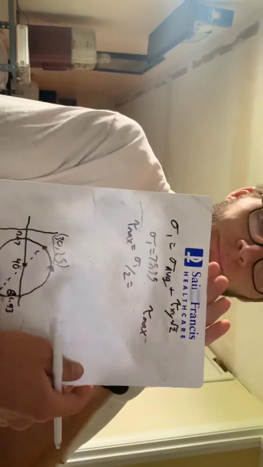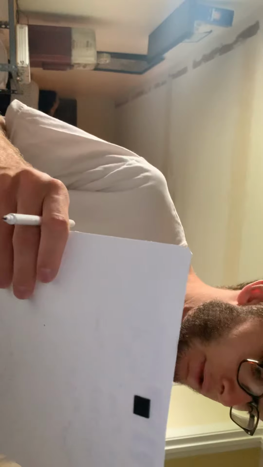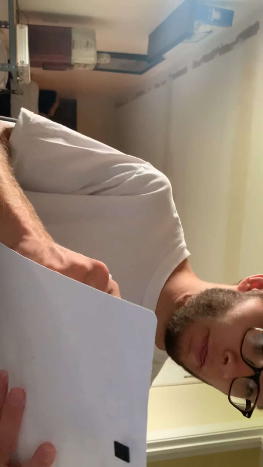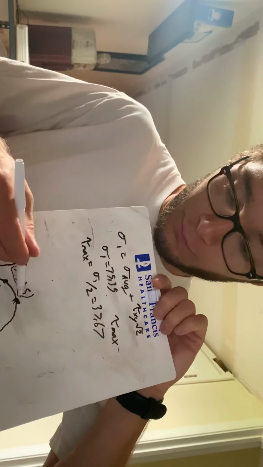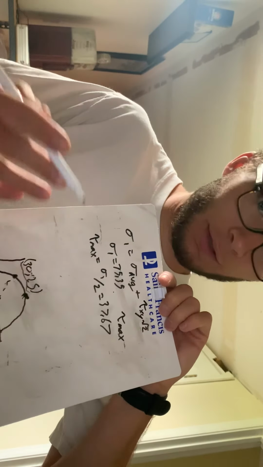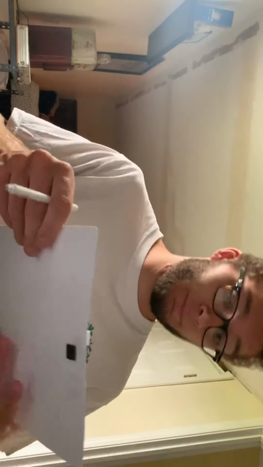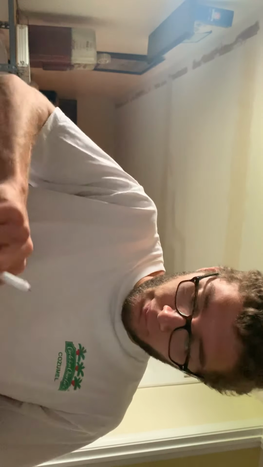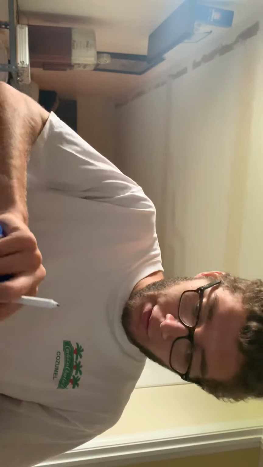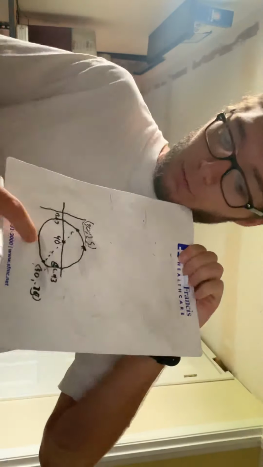And our Tmax would be that divided by 2, which would be 37.67, which makes sense because 37.67 is definitely higher than 25, 18 wasn't. That's my bad. And of course, it would also be negative 37.67 down here at that point.